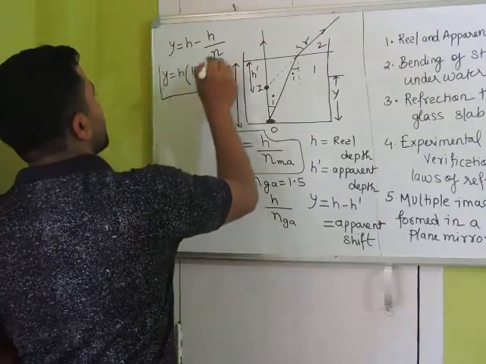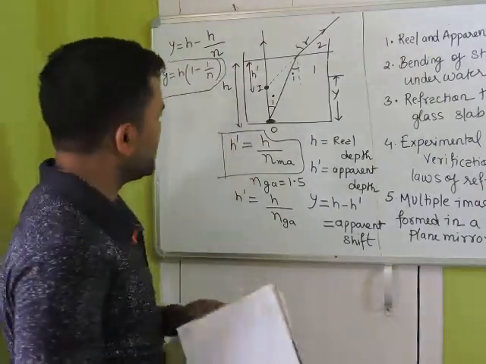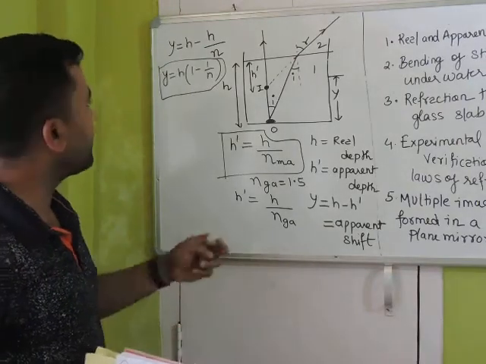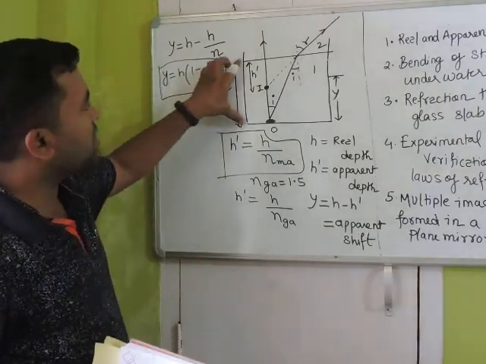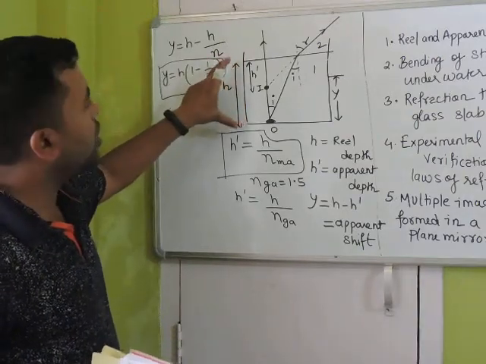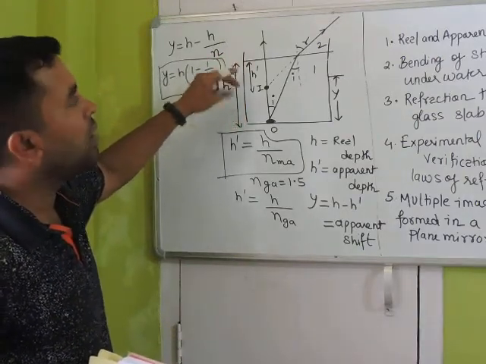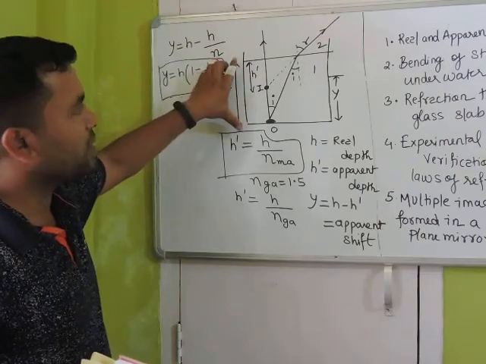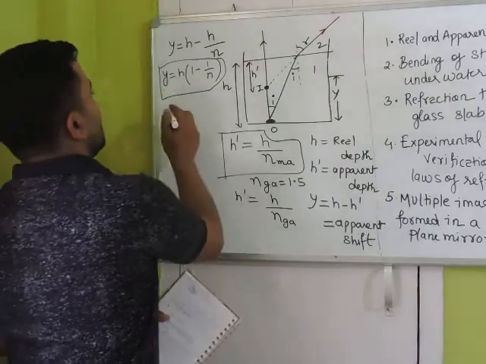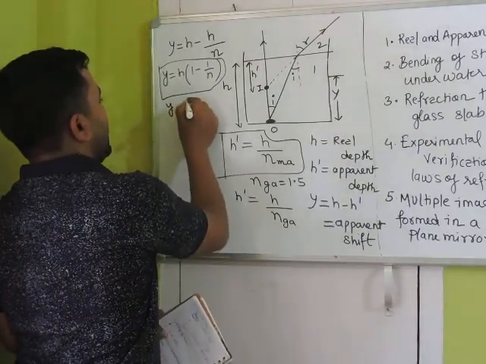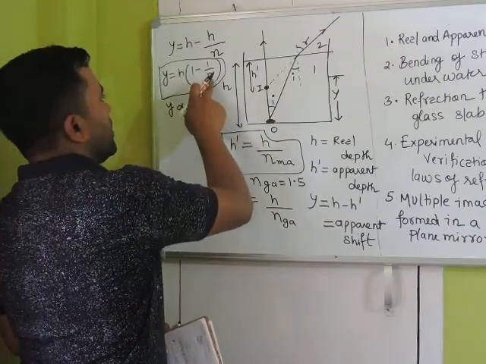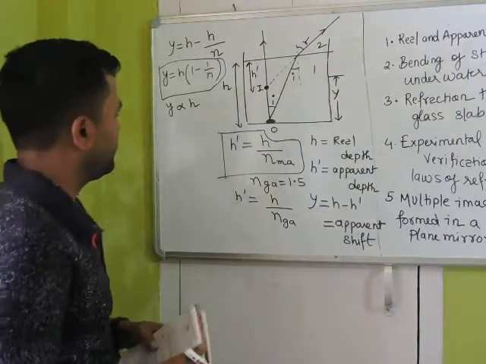So you can see this apparent shift depends on some parameters. One is how much the medium is extended, h. So you can say the depth or the thickness in which this denser medium is present. So y depends on h. Then it also depends on n.